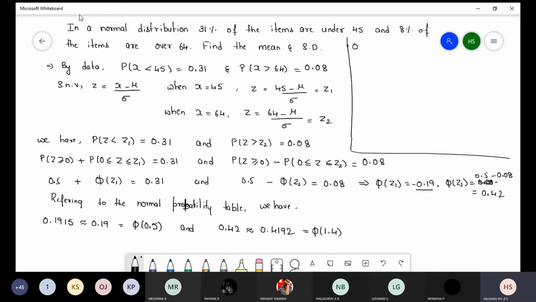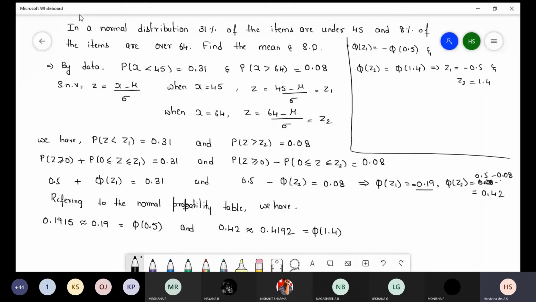Phi of Z1 is minus phi of 0.5, because here we have minus 0.19. So I will write minus of phi of 0.5 and phi of Z2, that is phi of 1.4. So that implies Z1 is equal to minus 0.5 and Z2 is equal to 1.4.